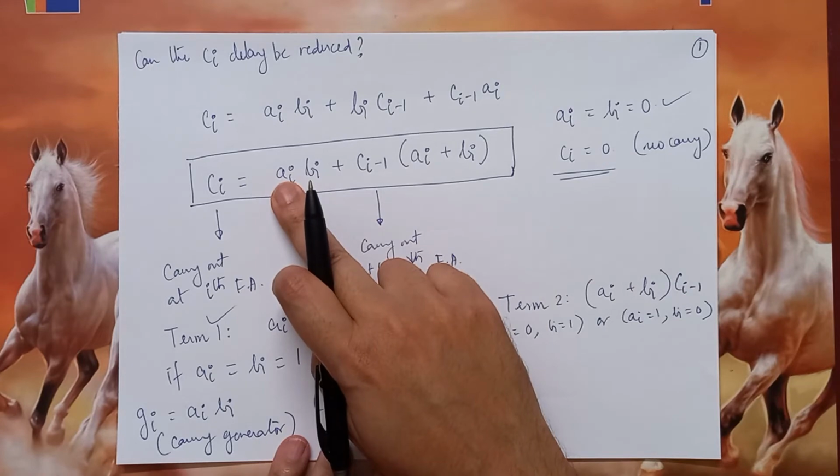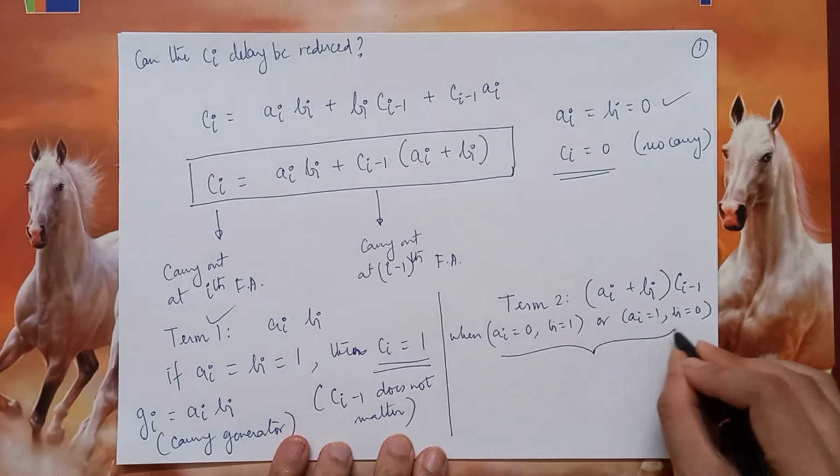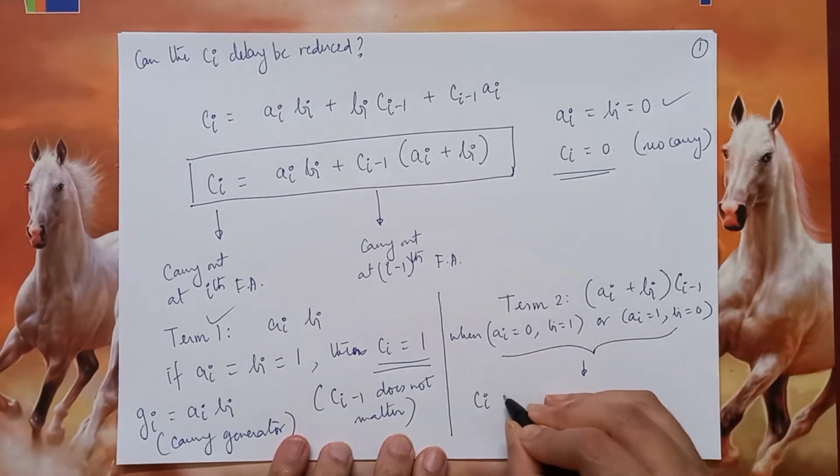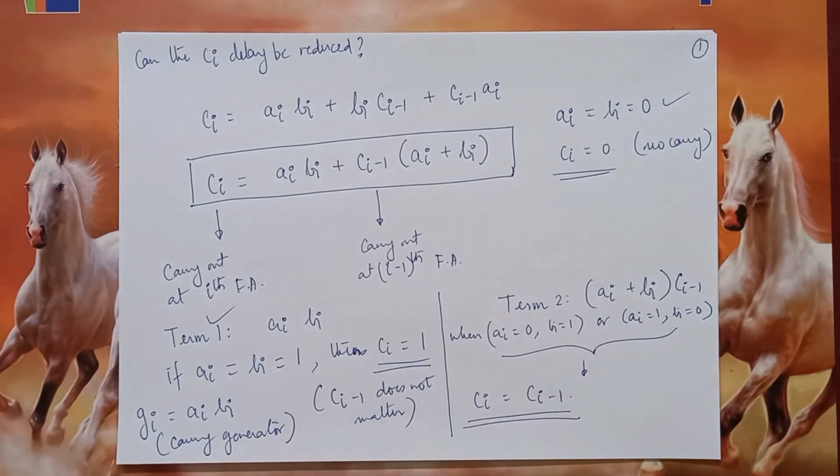Of course, notice term 1 will be 0 because one of the inputs of ai and bi is 0. So in this particular case, ci will be equal to ci minus 1. This is the case when the carry from the previous stage will be nothing but the carry in the present stage addition also.